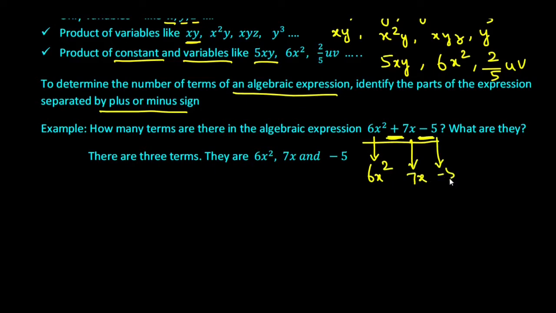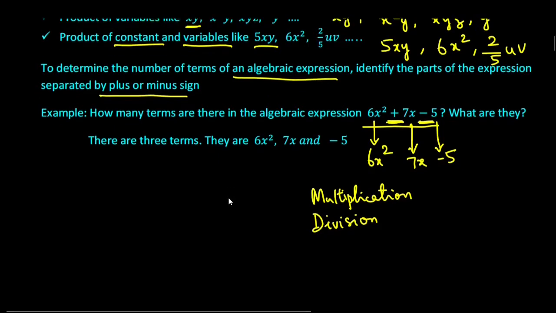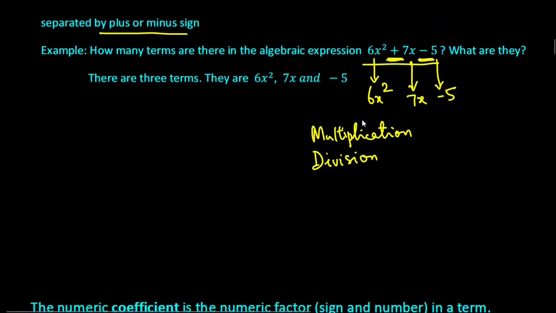Minus 5 is a term. A term is combined with only multiplication and division. An algebraic expression is a combination of one or more terms combined with addition or subtraction operations. In this expression, we have three terms: 6x square, 7x, and minus 5.